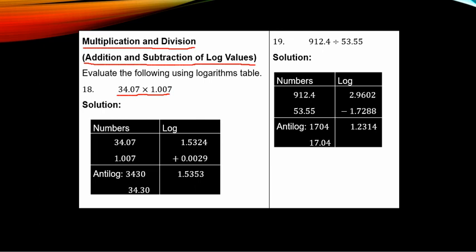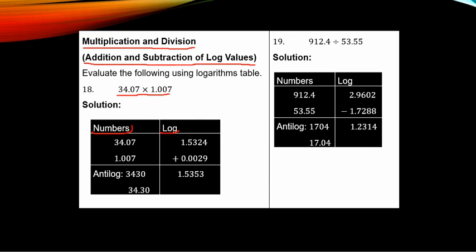In the solution, you draw a table with 2 columns. The column heads are the numbers, that is the given numbers, then the log of the number. In lesson 2, I taught how to find the logarithm using logarithm table.